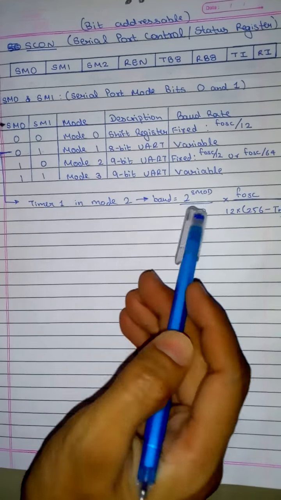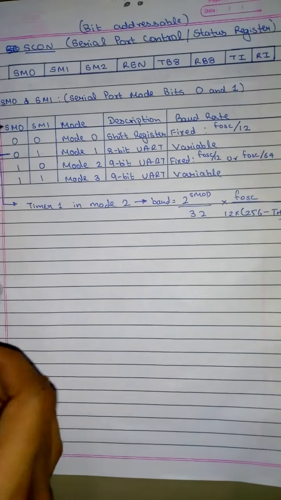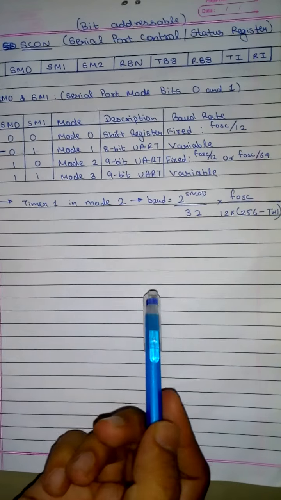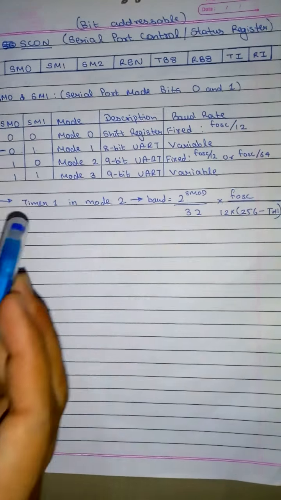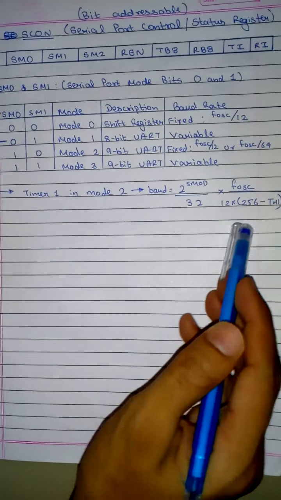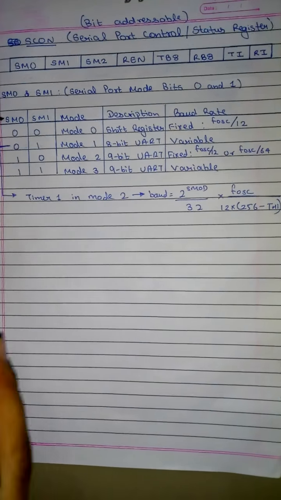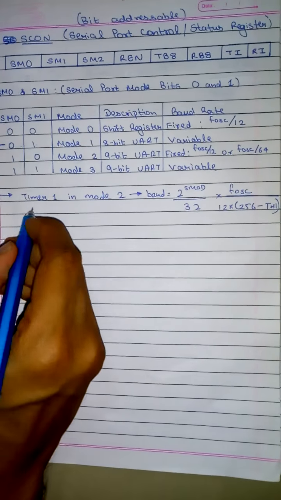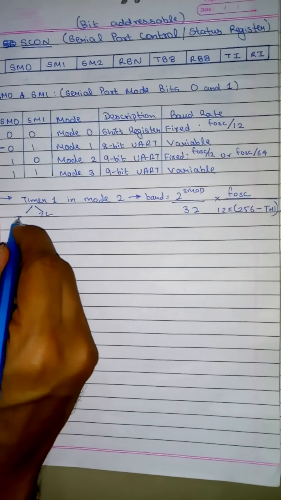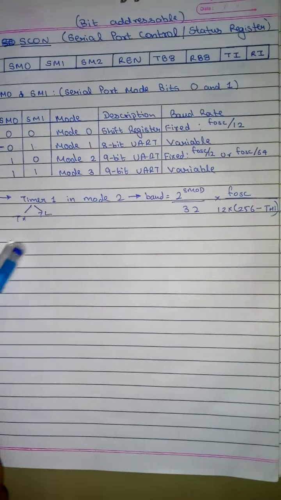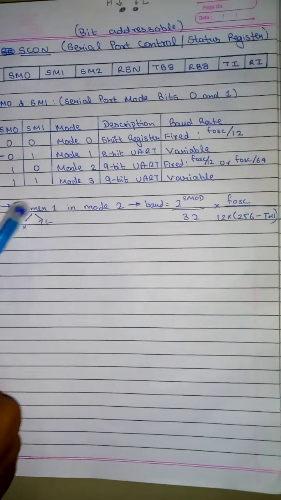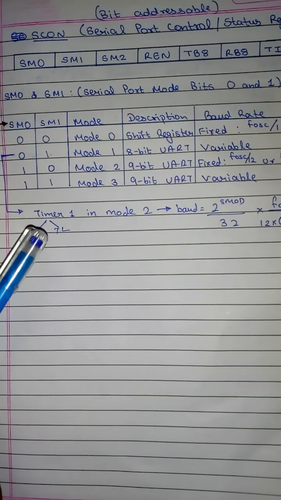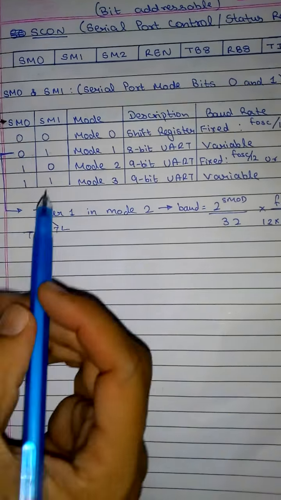SMOD is a bit in PCON, that is power control, which we are going to learn next. So this SMOD is decided from there, and TH1, as I told you, is the timer we are using in mode 2. A timer has a lower and higher byte, TL and TH. So this TH1 will be decided from timer 1. Okay, so this is done.